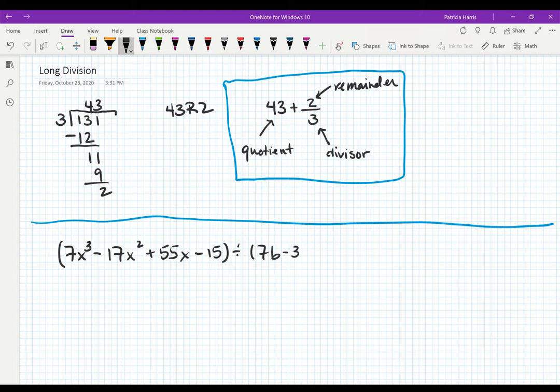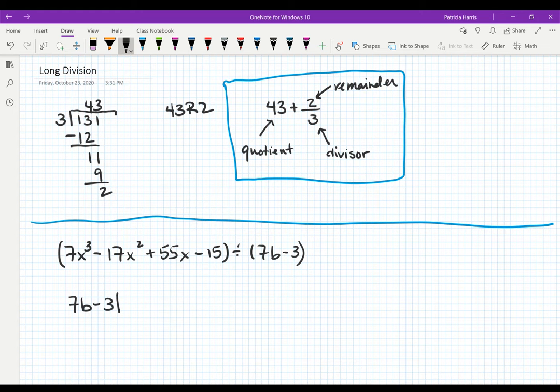All right, so the first thing you want to do is make sure there are no missing powers of x, because if there are missing powers of x, you are going to need to put in some placeholders. We're going to do an example like that in a minute. Okay, so when we put our problem into the division bar, we need to be aware of who goes where. So on the outside will go our divisor, which is always the second polynomial listed.